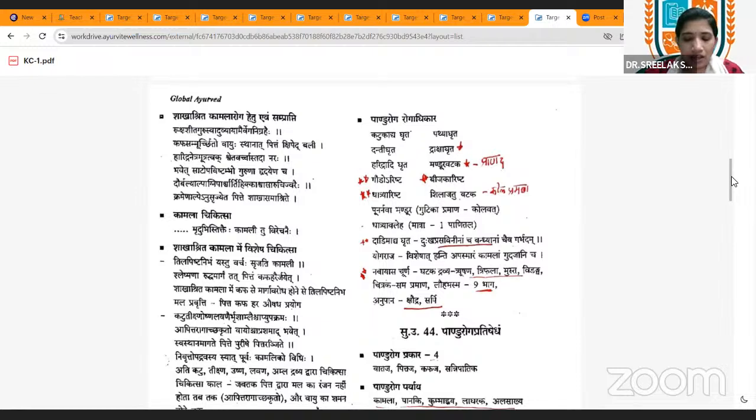And coming to the treatment principle of Mrittikajanya Pandu. Mainly we can give Tikshna Shodhana, and after this Tikshna Shodhana, Ghrita Prayoga can be done. Especially we can advise Vyoshadi Ghrita, very important. The Ghrita which is advised in the Mrittikajanya Pandu is Vyoshadi Ghrita.